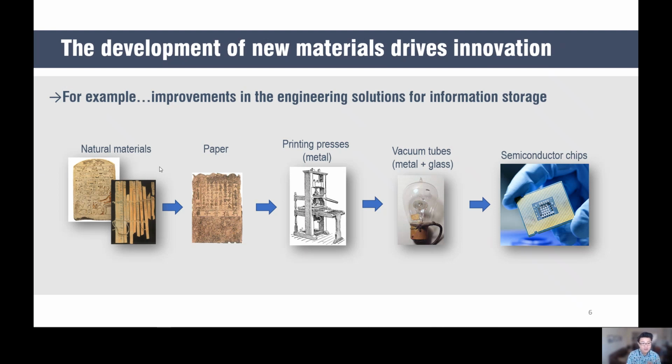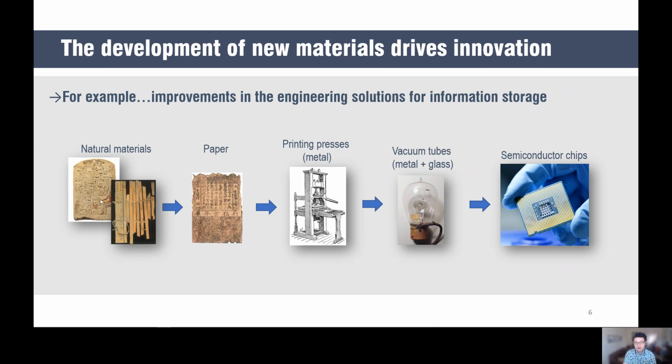In the very early Stone Age, we only had natural materials, so we used stone and bamboo to store information. But then we started to invent new materials. Paper is a type of composite utilizing natural fibers, and it is far more efficient, easier to store information on, and lighter than what existed at the time, compared to stone and bamboo.